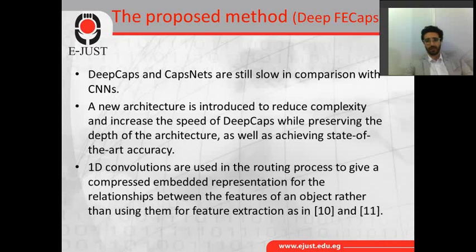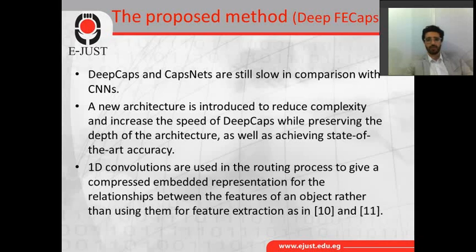I just want to notify you about something. The 1D convolutions that will be mentioned later are actually used for having a compressed and embedded encoding for the features.